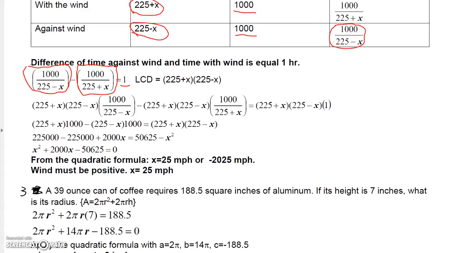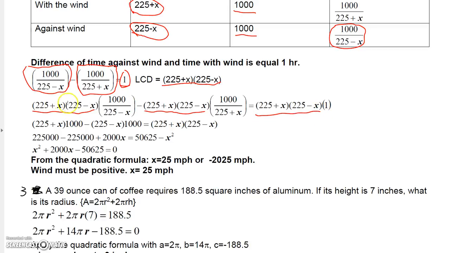And now from that equation, I can look at this and tell that the least common denominator is 225 plus x times 225 minus x. So I'm going to just brush through this, but I'm going to multiply these three terms. There's three terms here. I'm going to multiply each of these terms by this lowest common denominator: the first term, the second term, and the third term that's on the other side of the equal sign.